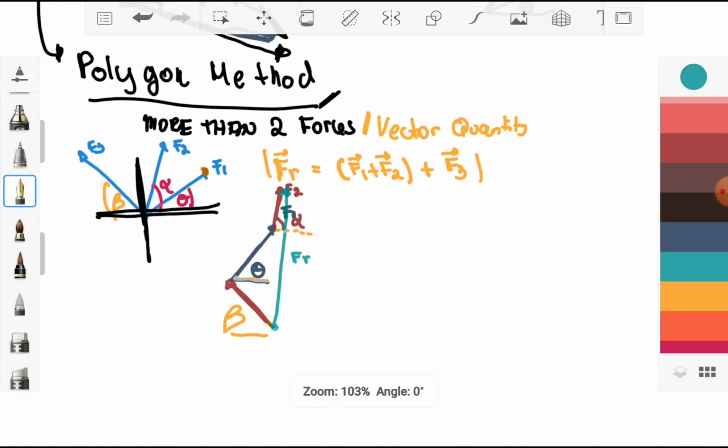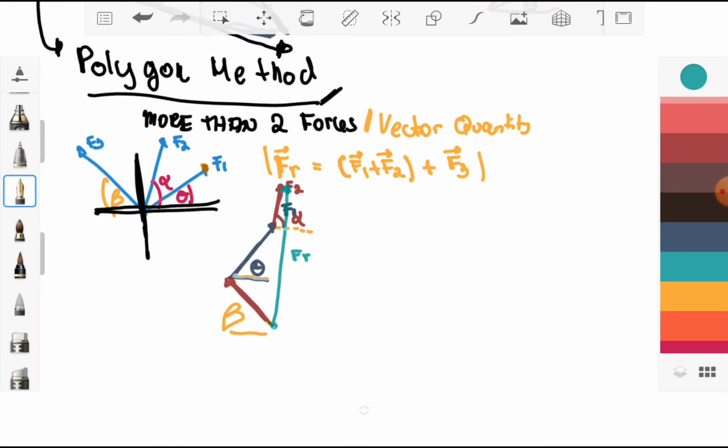Another configuration that I may show you. Let's say I have my F1 as my initial point, F1 at angle theta. And then, next is my F2.